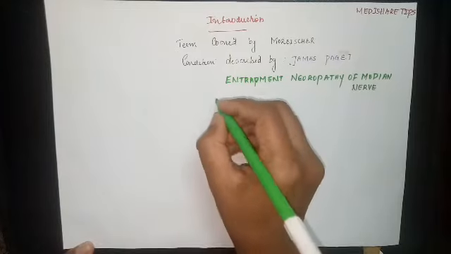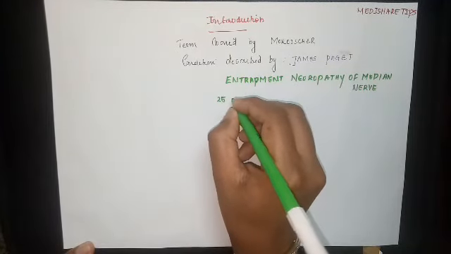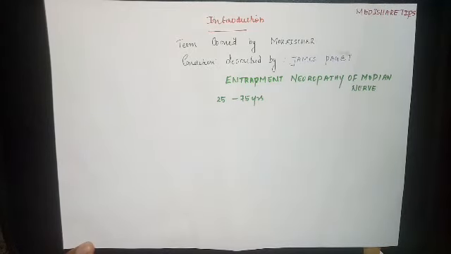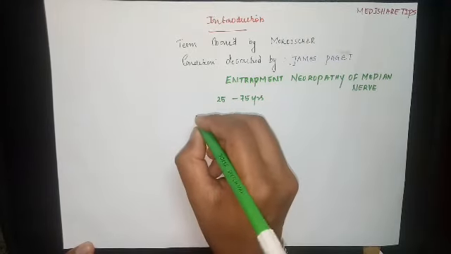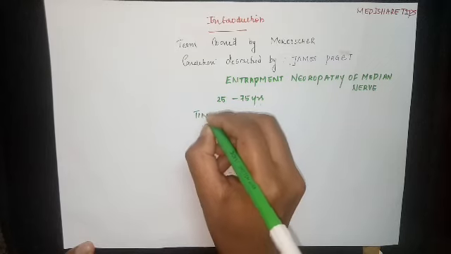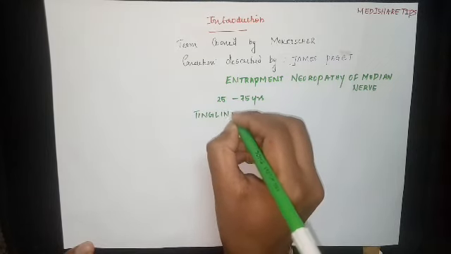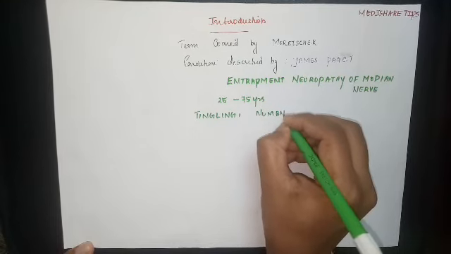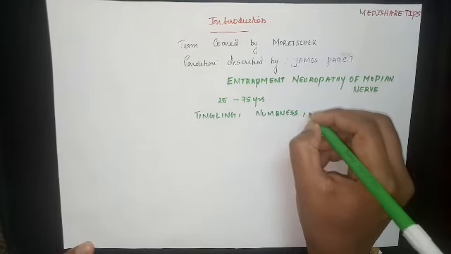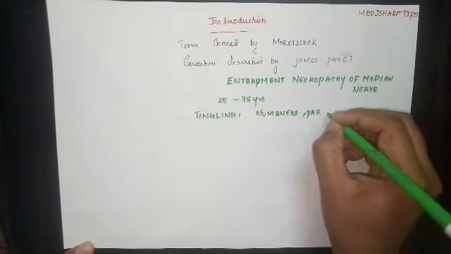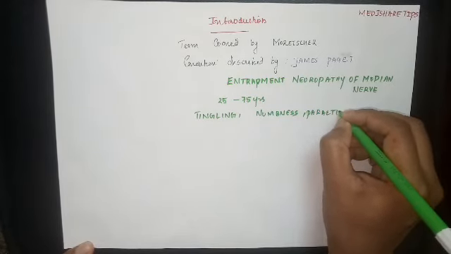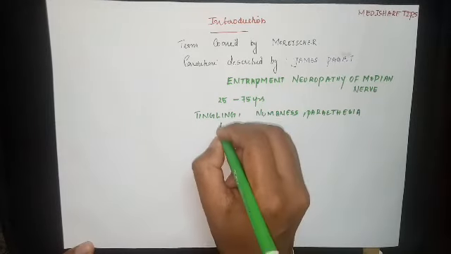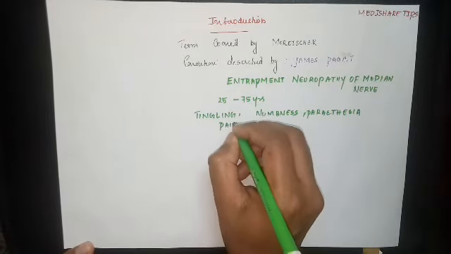It is most commonly seen in the age group 25 years to 75 years. Men and women are affected. The most common presentation is tingling, numbness, and paresthesia, and pain which is worse at night.